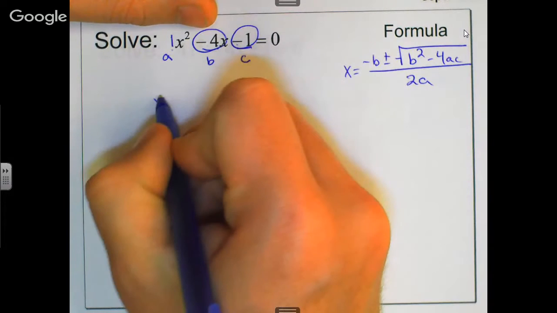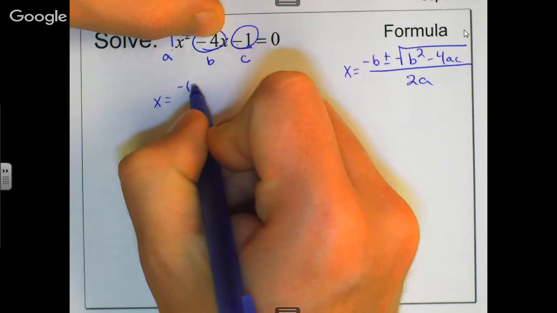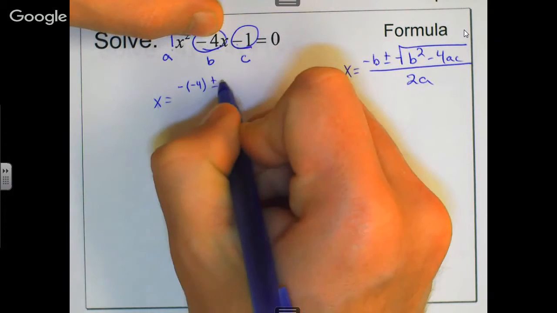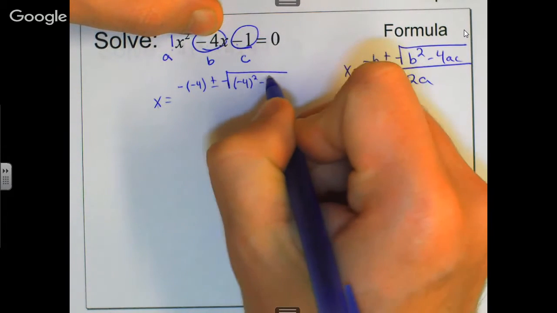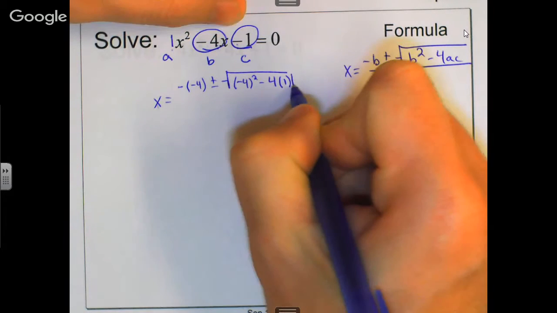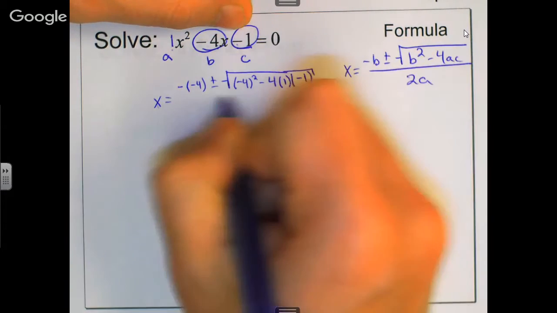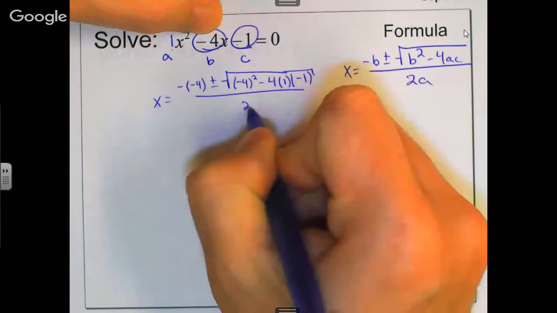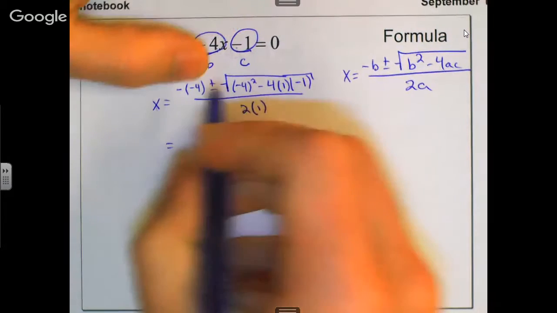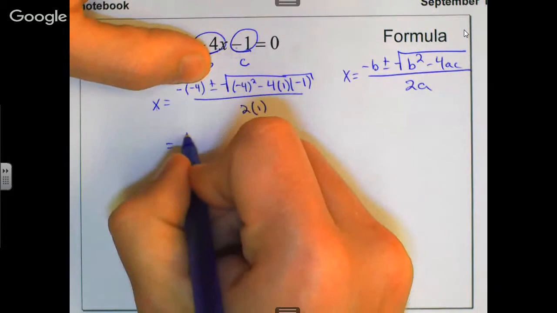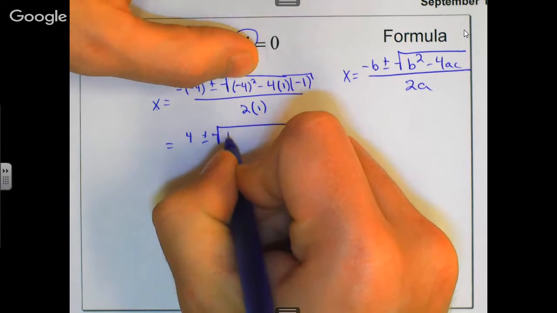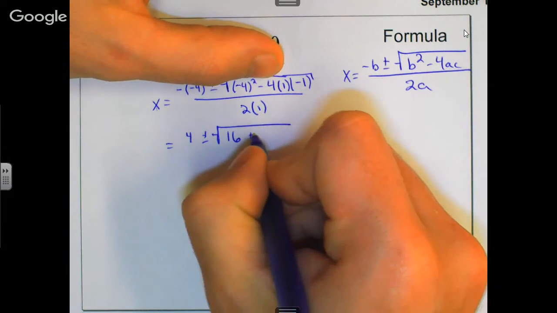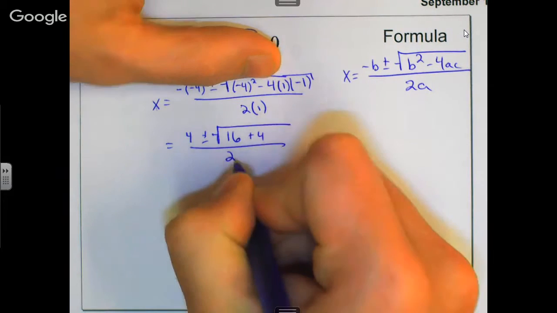So x equals -b plus or minus the square root of b squared minus 4ac all over 2a. So -(-4) is 4, plus or minus the square root of (-4) squared is 16, plus 4, over 2.